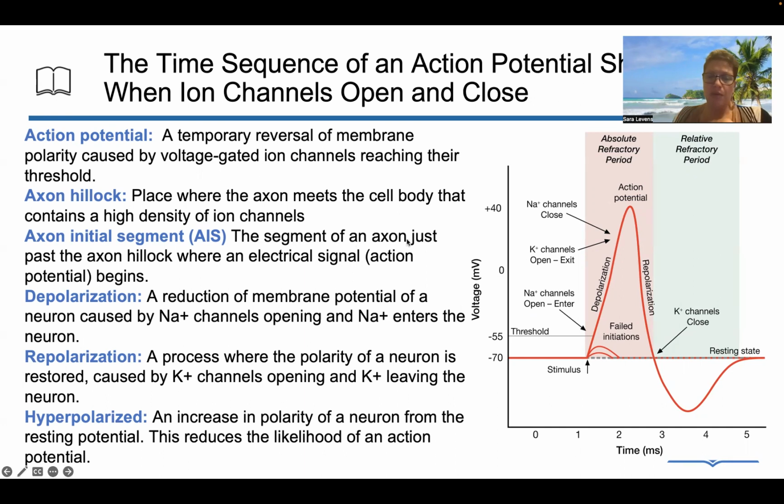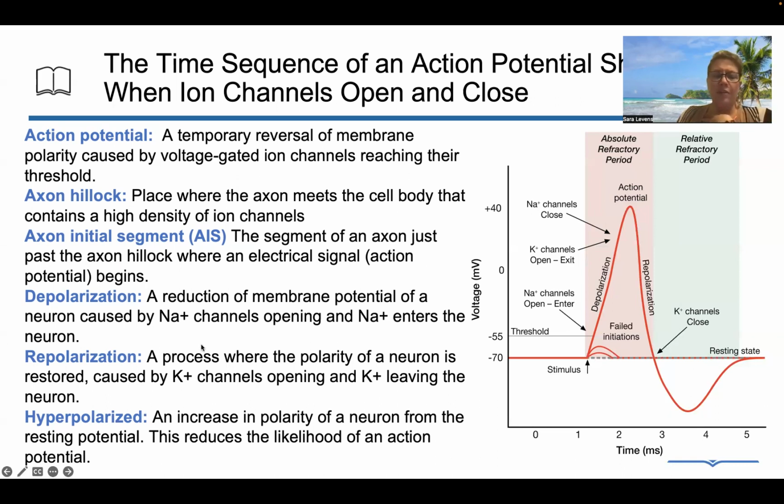And this is the segment of the axon just past the axon hillock, where an electrical signal of the actual action potential begins. So it's like you hit the axon hillock, and then we've registered stuff, and then the actual action potential is on the other side of the axon hillock: cell body on one side, the axon initial segment on the other, and that's the technical beginning of the action potential traveling down the axon.